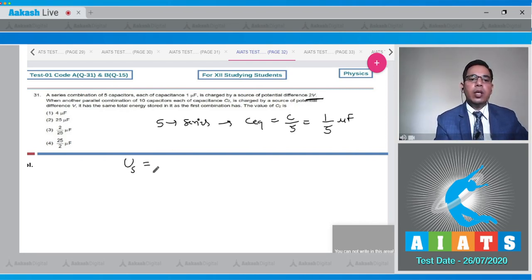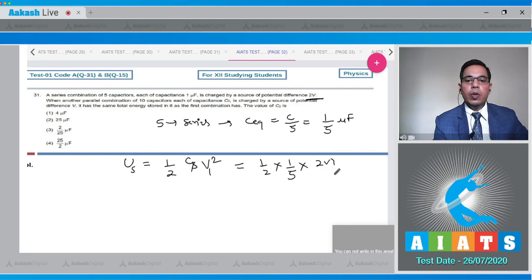That U series will be equal to half into C series into V square, that means half into 1 by 5 into 2V square, that gives us 4 by 5 V square by 2.